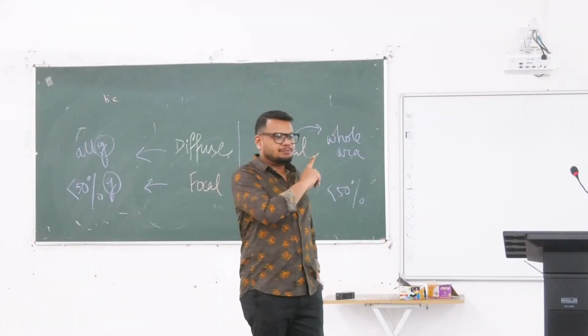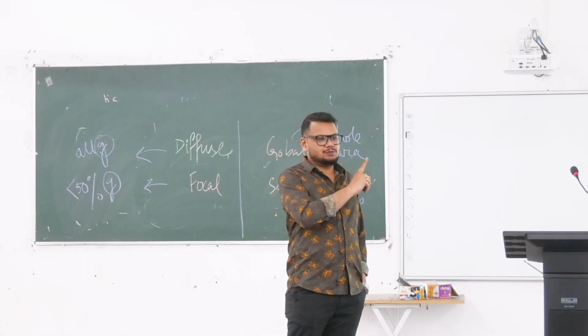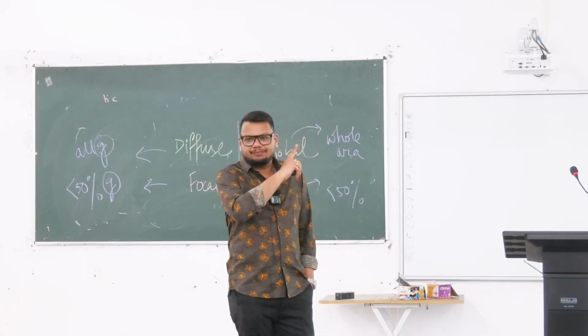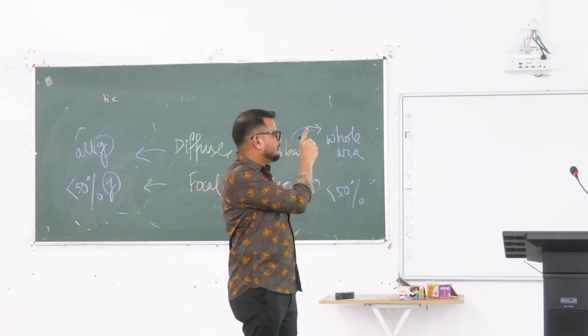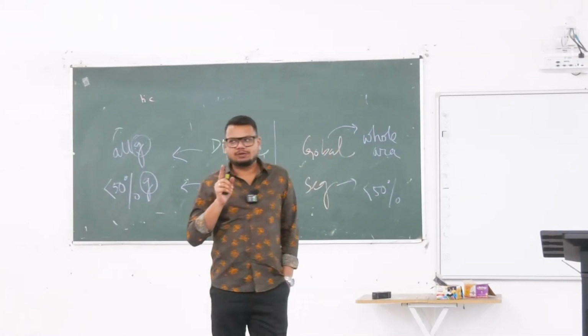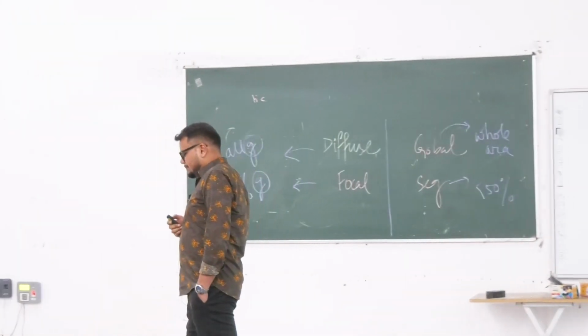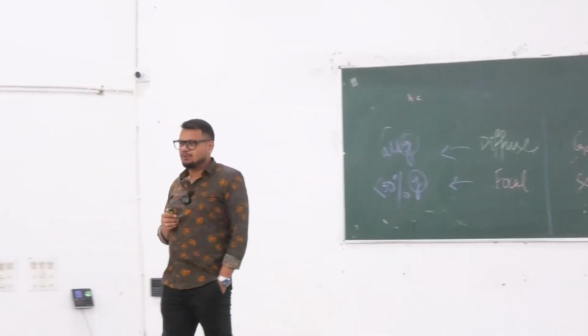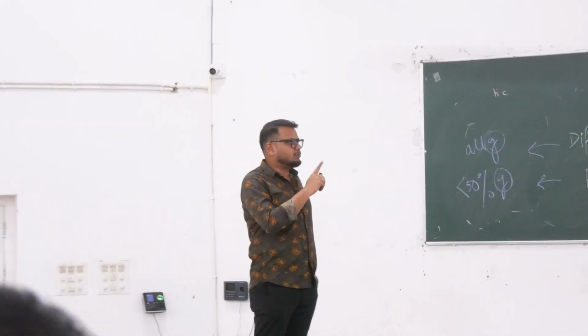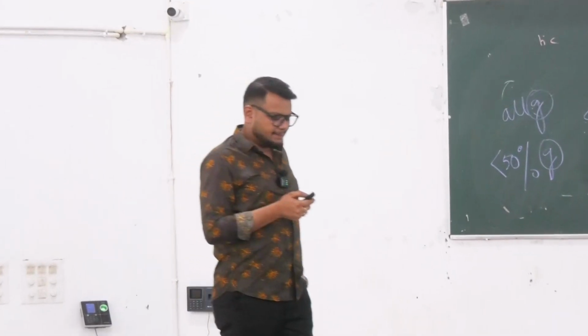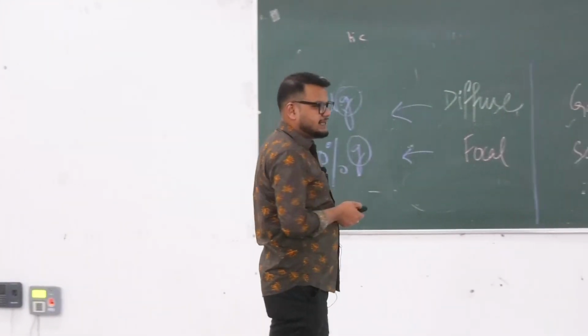It is not properly written in your textbook, so you can take a picture. I don't know about KD Tripathi, but in Sharma and other textbooks, Srivastav, it is not properly written. I haven't seen KD Tripathi, so I can't tell.